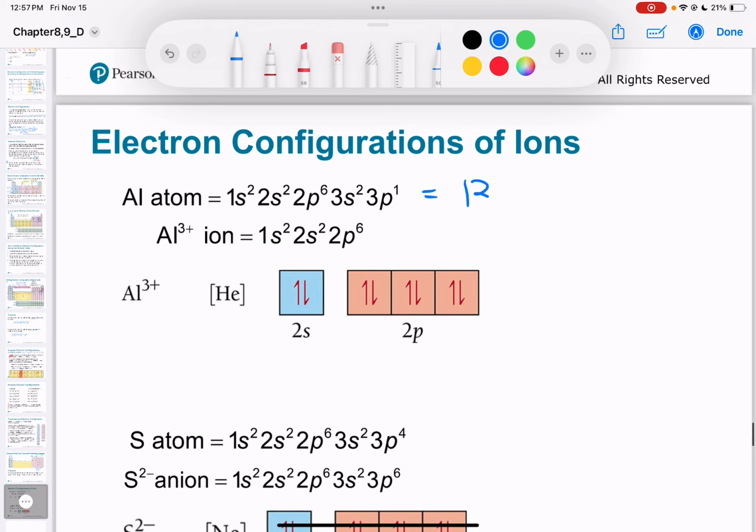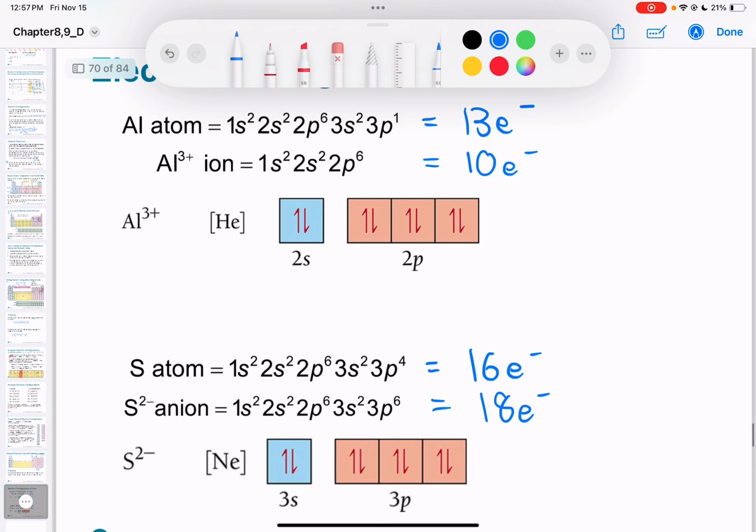That's what their neutral atom is. If the aluminum loses 3 electrons, it becomes 10 electrons. If sulfur gains 2 electrons, it becomes 18. Okay?